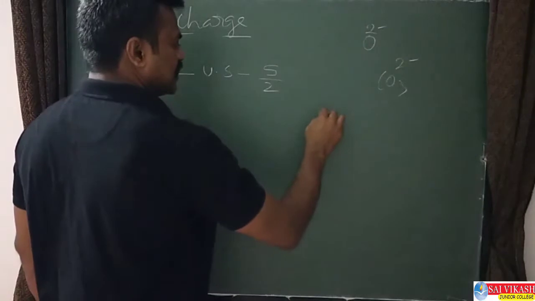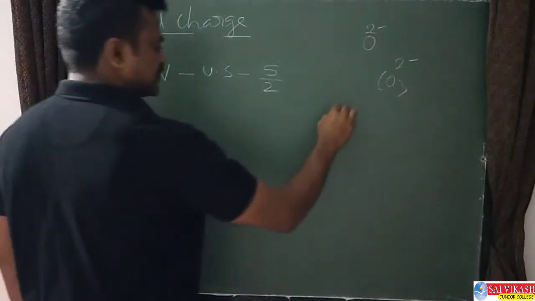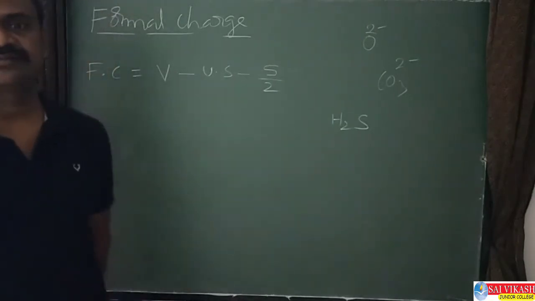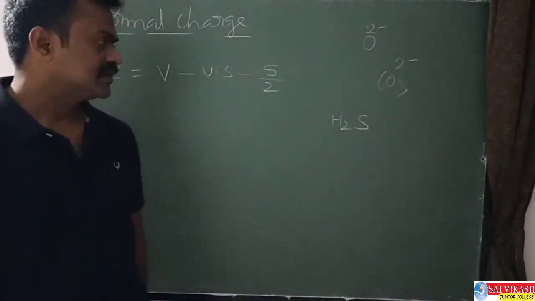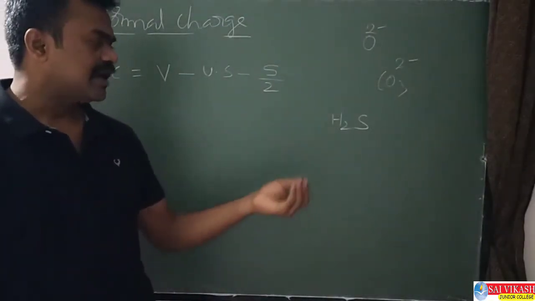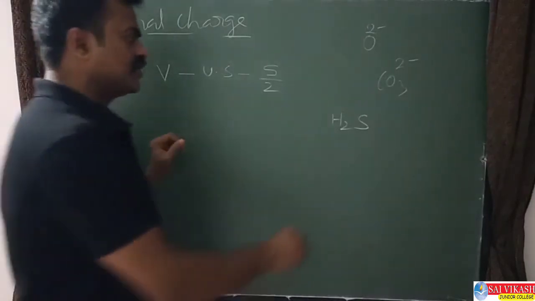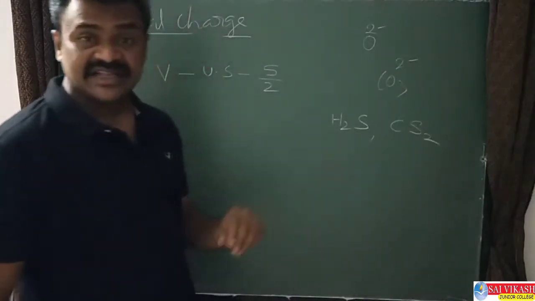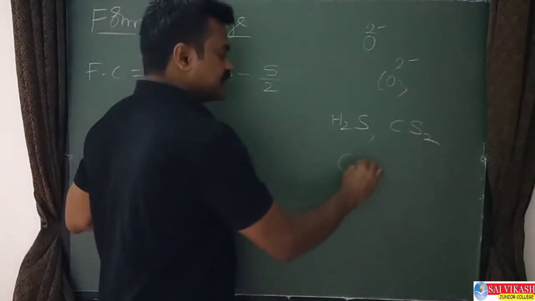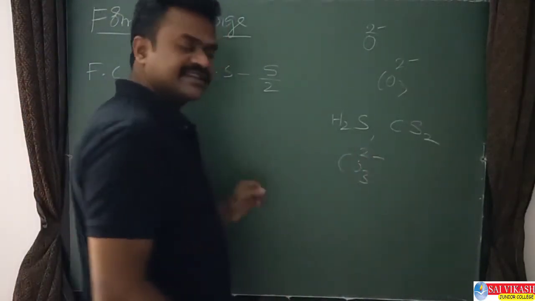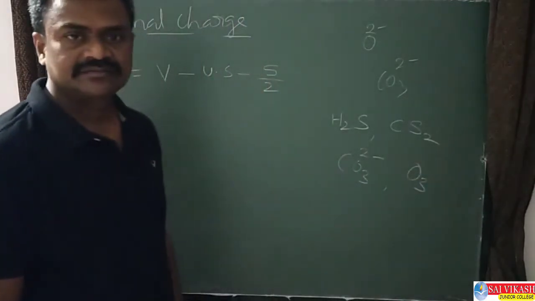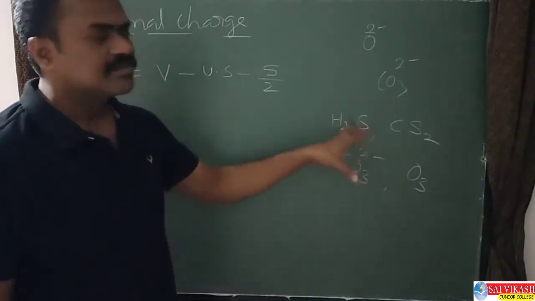One example I will tell you. First of all, H2S, hydrogen sulfide. Or we can take CS2, carbon disulfide, or CO3 2 minus, or O3.